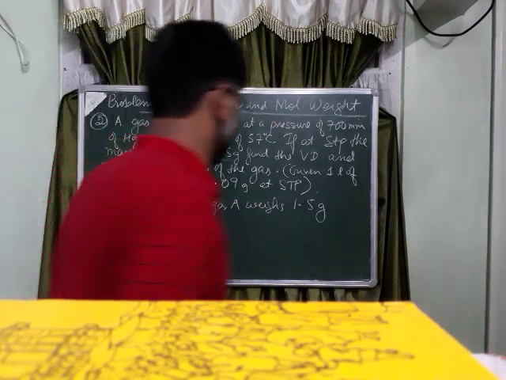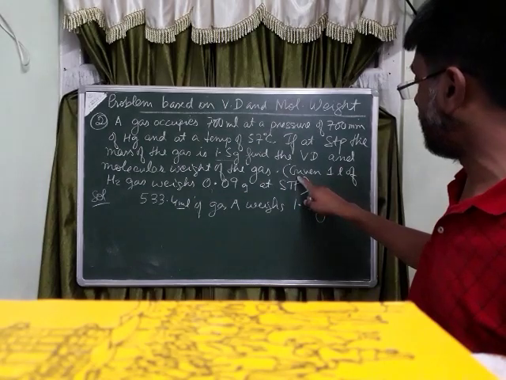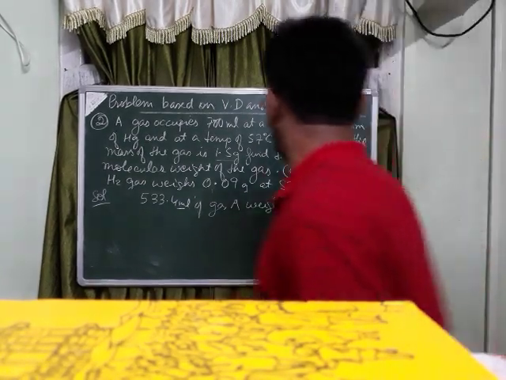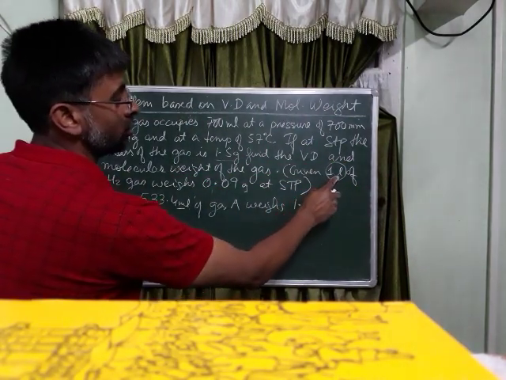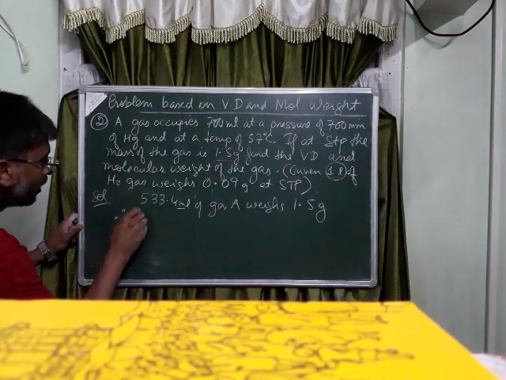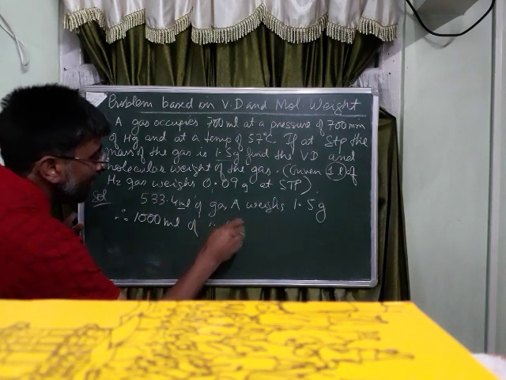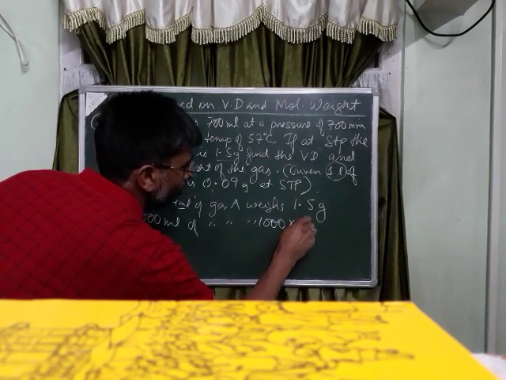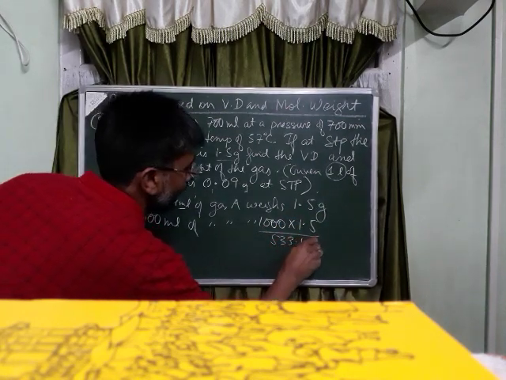Here, instead of simplifying, I am just going back to the question to see what is given. Given 1 liter of hydrogen, I just missed out this point. Instead of using 22,400, I am going to keep in mind 1 liter of hydrogen. 1 liter of hydrogen is 1000 ml. Therefore 1000 ml of gas A will weigh 1000 into 1.5 divided by 533.4 ml.